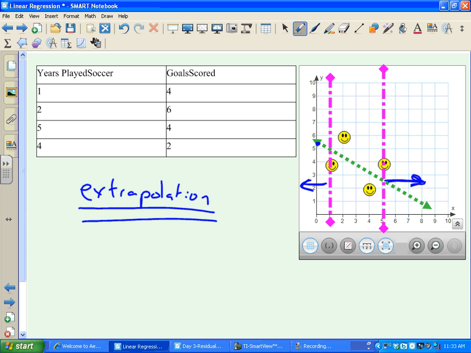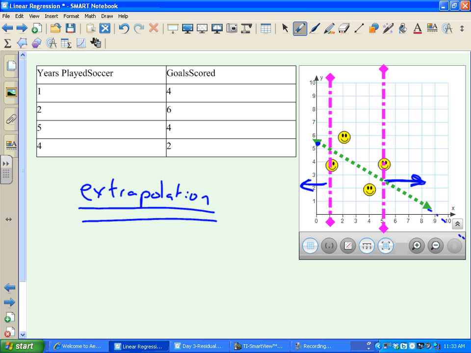Isn't this line going to keep going? It's a line, right? So if you extrapolate out to 12 years, which is up my graph, it should make sense to you that that y value, or the number of goals I should score, would be negative. So in other words, if this model continues to be true, at 12 years, I'll score like -2 goals. I'll score on my own team. Right? Probably not realistic.